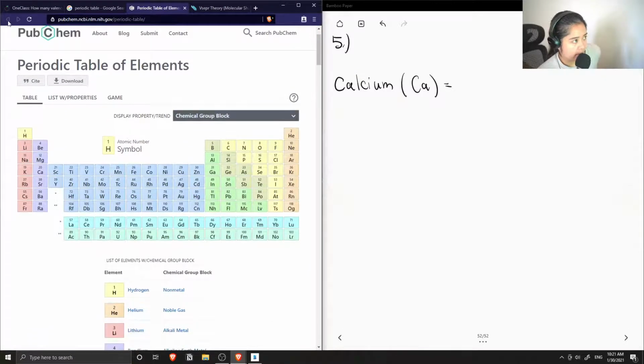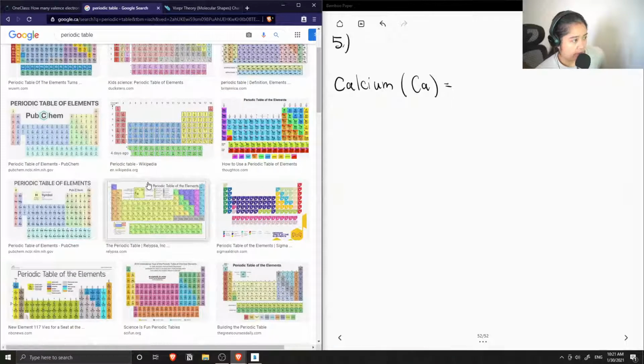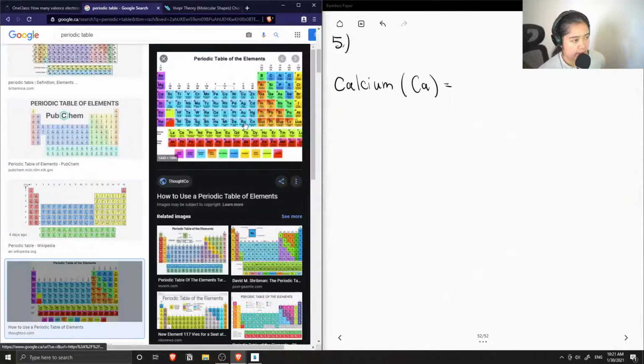Oh, this one doesn't even have the group names. Sometimes the group number can tell us how many valence electrons are in that atom.